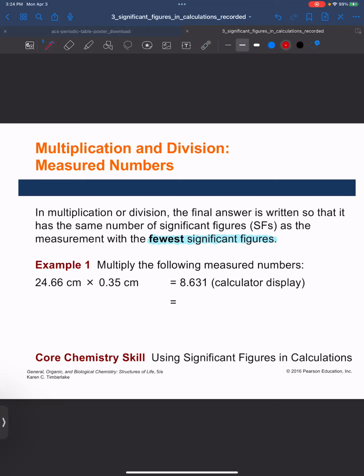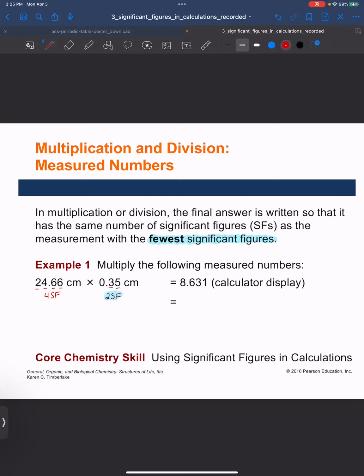So I go back to my measured values and count the sig figs. This one has 4 significant figures, and this one has 2 significant figures. And so the fewest number of significant figures is 2.